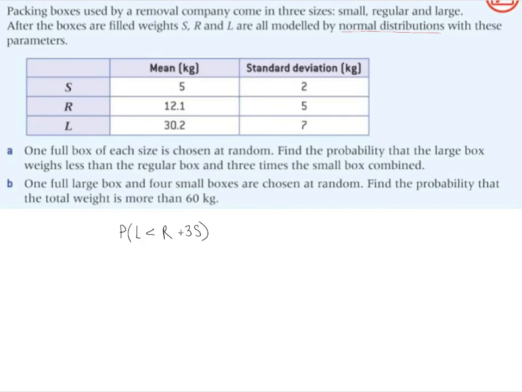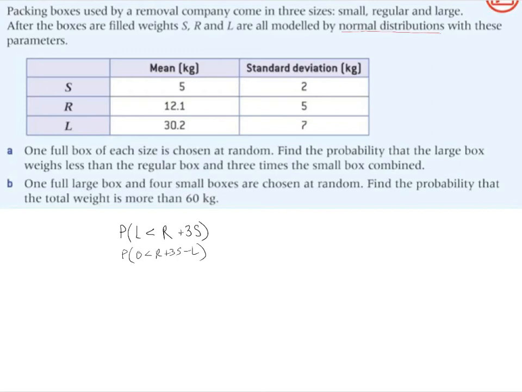So let's see if we can figure that out. All right. So this is an inequality, right? You can rearrange it. So let's do that. We're going to do the probability that r plus 3s minus l is greater than 0, right? It's just an inequality. You can work that out. You can do that algebra, okay?